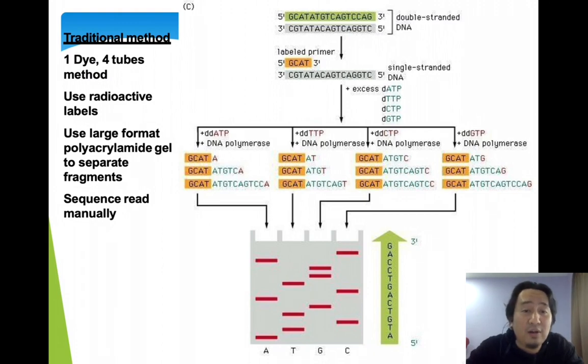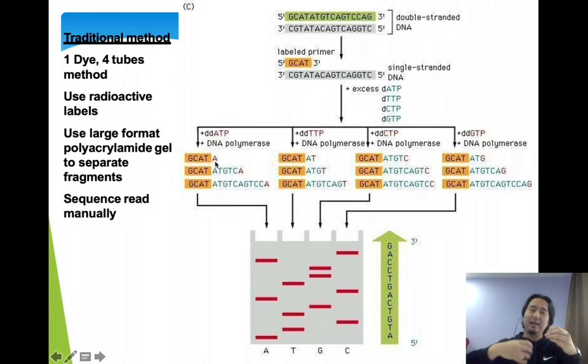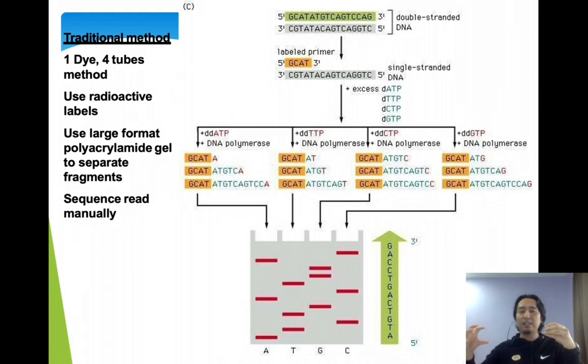Why? Because it will use ddATP, adenine, to add to the chain. So when it adds A, ddATP, there is no OH, so the elongation is terminated. It cannot continue. Understand?